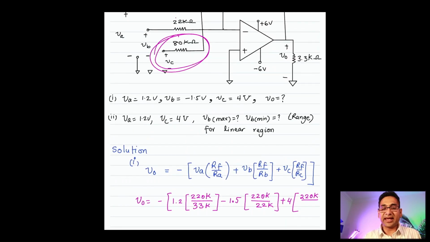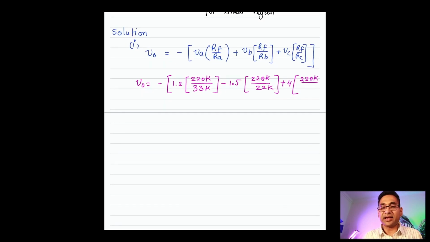RC is given to be 80 kilo ohms. So plug those numbers into your calculator. You will see that VO is actually negative 4 volts.